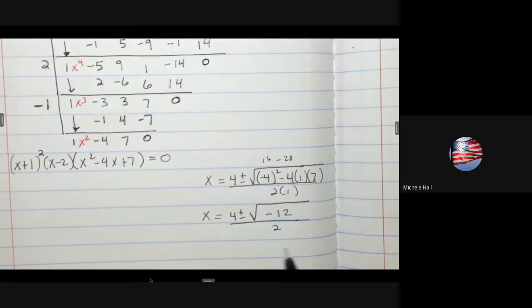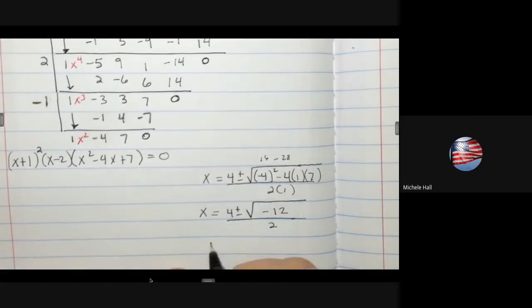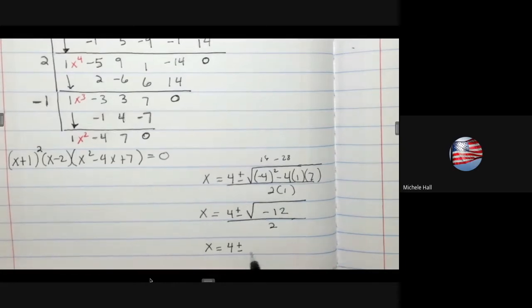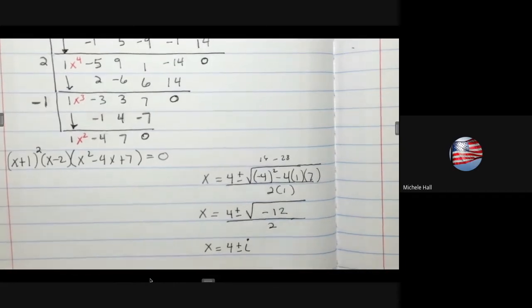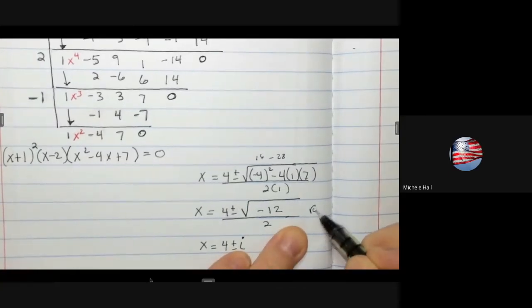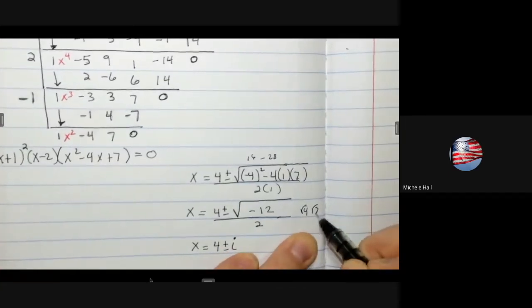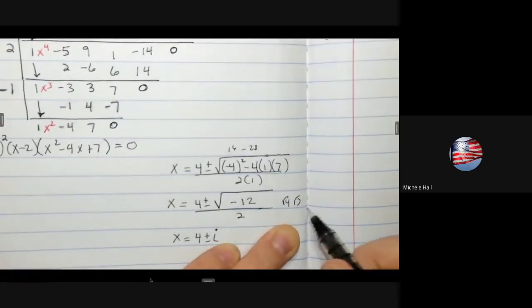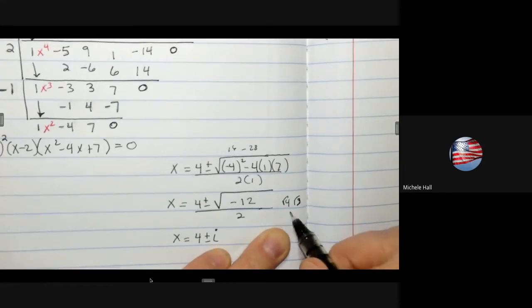And we are going to simplify. We get x equals 4 plus or minus i for the negative, and then the square root of 12. That is the square root of 4 times the square root of 3. So that's going to be 2 square roots of 3.